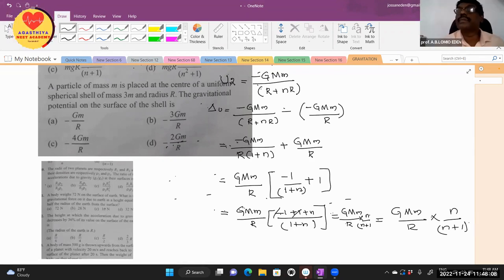Students, listen here. See the expression, final answer: capital G, capital M, small m divided by capital R into N divided by N plus 1.